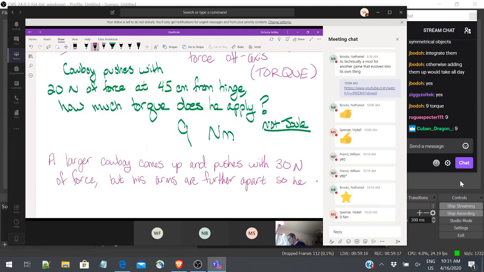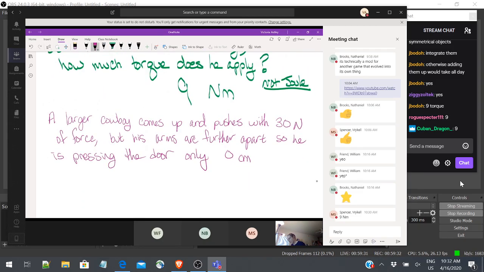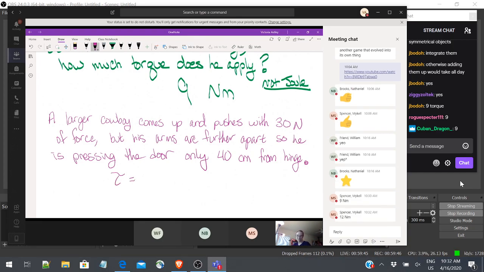So he is pressing the door only, let's say, 40 centimeters from the hinge. How much torque is this cowboy going to apply? Yeah, 12 Newton meters.